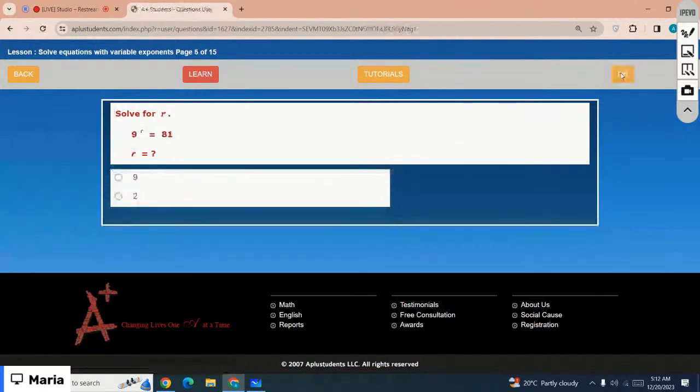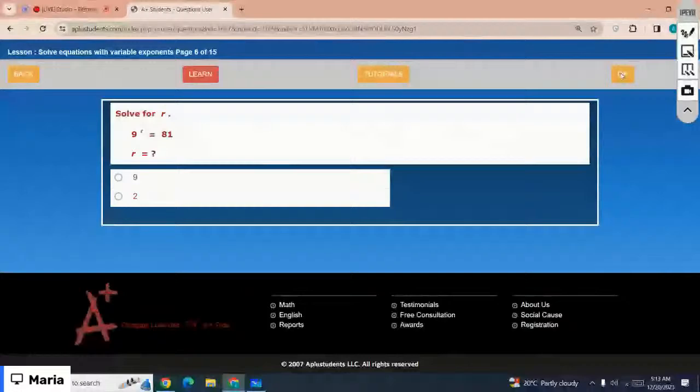Okay, solve for r, which is the correct option. 9 exponent r equals 81. You can write 81 as 9 times 9, right?